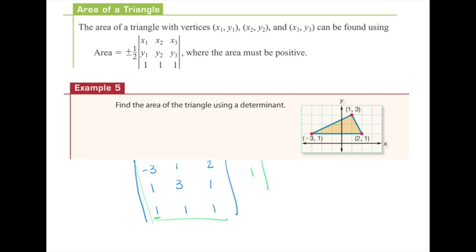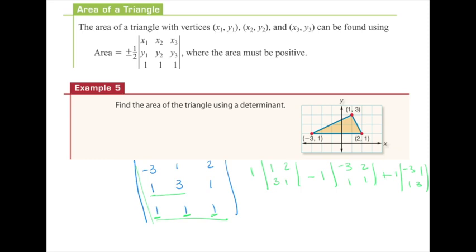So you ignore this row and column, and I'm going to do the 2 by 2, 1, 2, 3, 1, minus this one, and the 2 by 2 that's left over. So that's -3, 1, 2, 1, plus this guy, 1 times the 2 by 2 that's left over, -3, 1, 1, 3. So I would actually do it this way. You're welcome to do it by the diagonals to find that determinant.